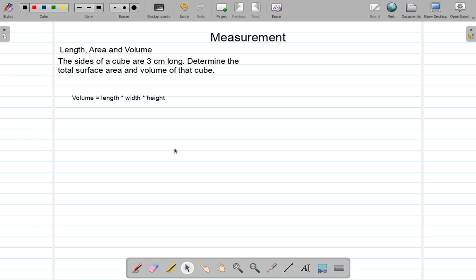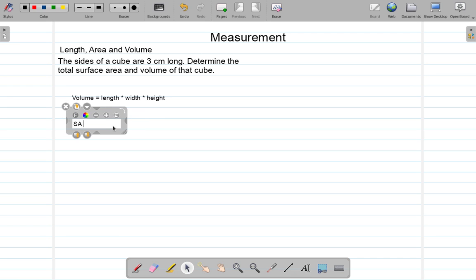Now, as for the surface area, there is another formula for that. There is a formula for that, but we won't really depend too much on the formula. But let's just mention it here, since we're talking about formula.